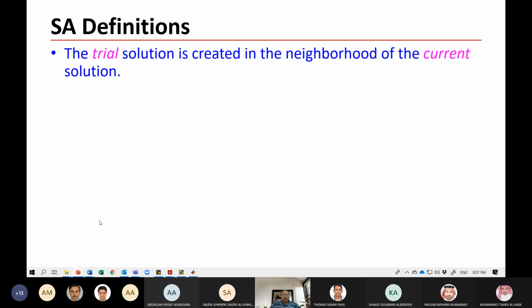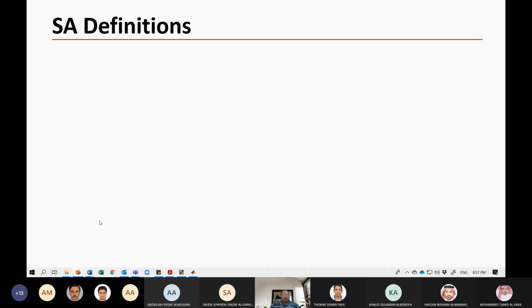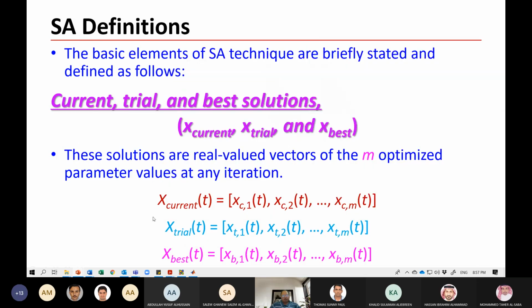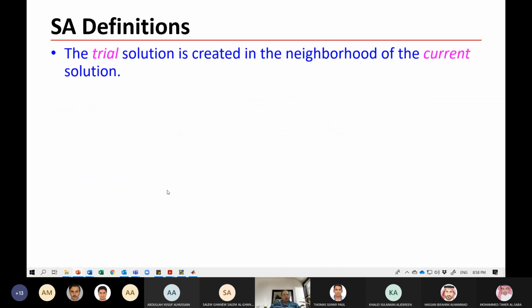How to create the trial solution? We assume that we start at a certain configuration, we have a current solution. How do we generate X trial in the neighborhood of the current solution? We will not go far from the current solution.